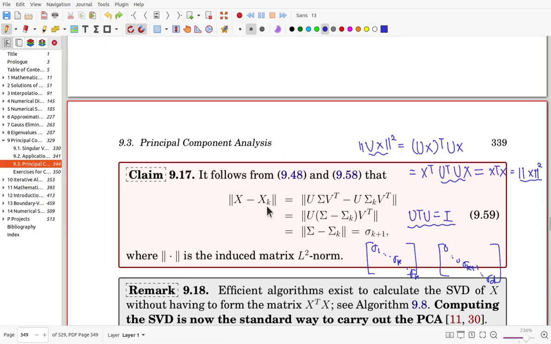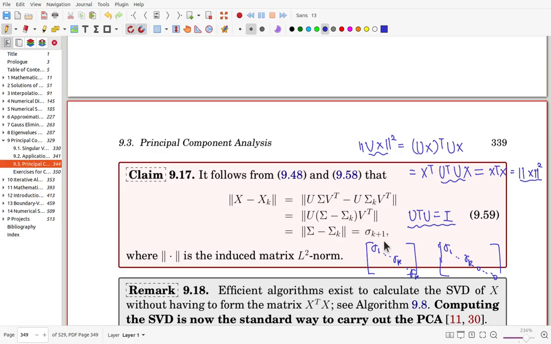Sigma K goes from sigma 1 to sigma k, and then from there 0, 0, 0, 0, right? Somehow I thought the opposite way. So after subtraction, this will disappear, and the first non-zero will be sigma k plus 1. For the subtraction, sigma k plus 1 is the largest singular value, so that's the L2 norm.